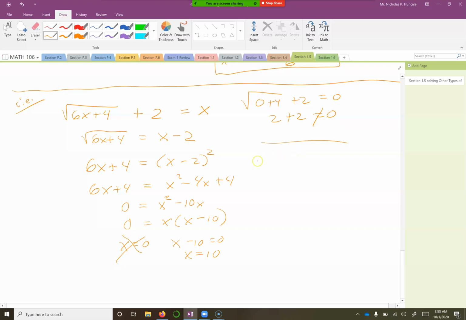Now we'll check the other one. Square root of 6 times 10 is 60, plus 4, plus 2, equals 10. Well, the square root of 64 is 8, plus 2 equals 10. Well, hey, that's true. So that does mean x equals 10 is the solution to this equation.